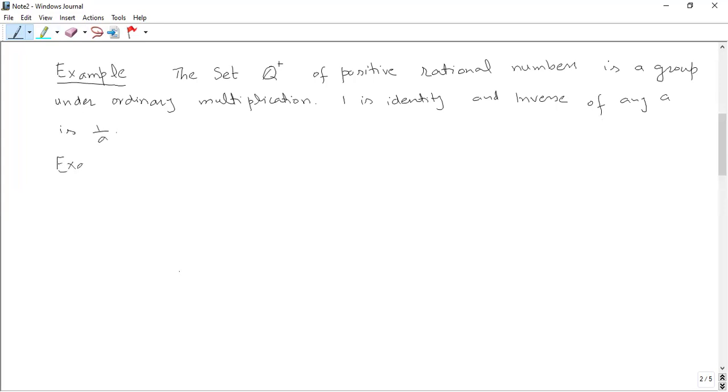Another example, it is very easy to check all the axioms of a group for the above set Q plus.